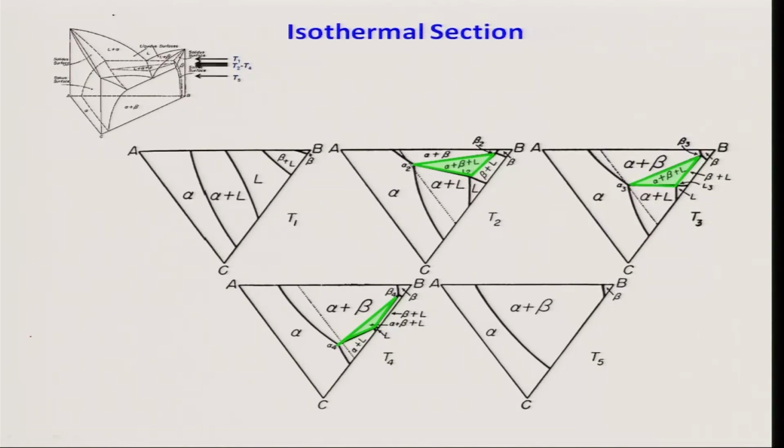So, you have to replace T1 with T2, T2 becomes T3, T3 becomes T4, T4 becomes T5, T5 becomes T6, correct, and you get all these things very easily. So, that is basically about the isothermal sections and the partial sections.